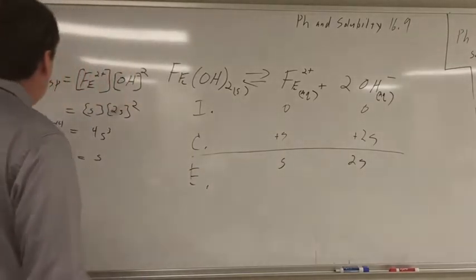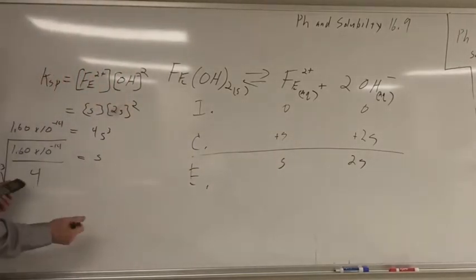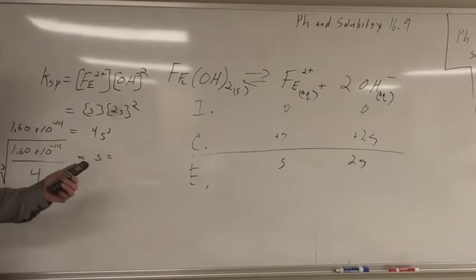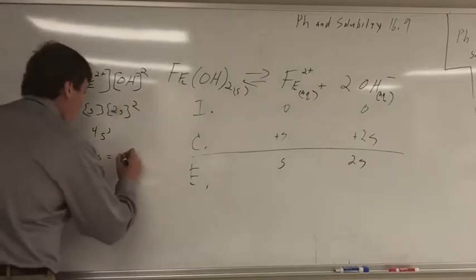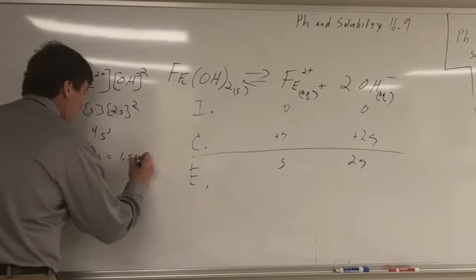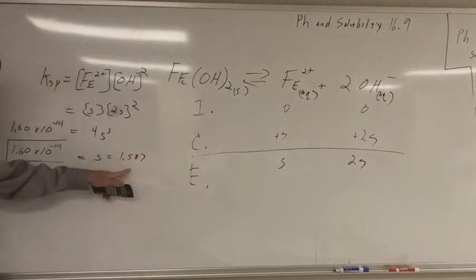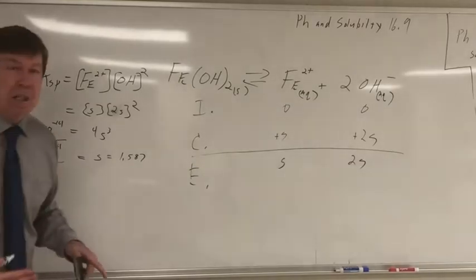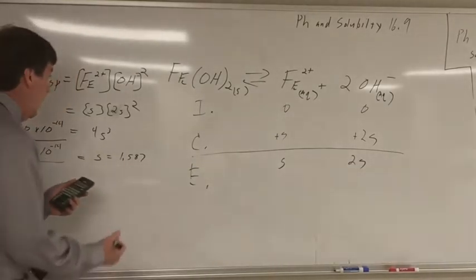All right. So there's my S value. Now I did this quickly. We've got S equals 1.587. Notice I'm extending this out past my sig fig value because I can round at the end.